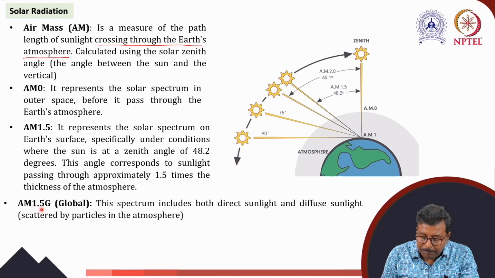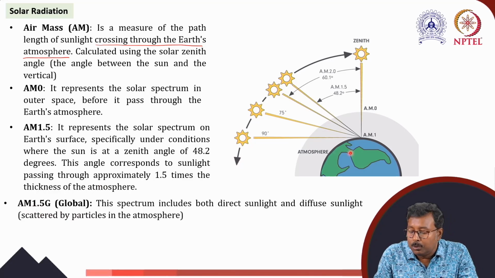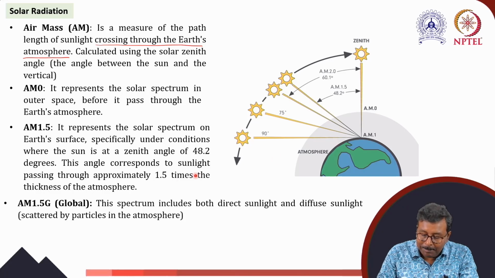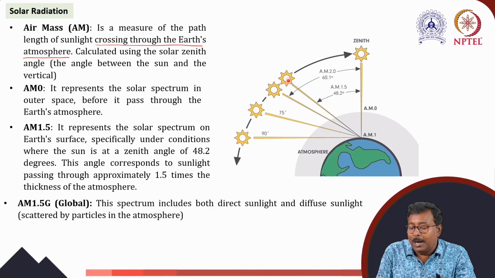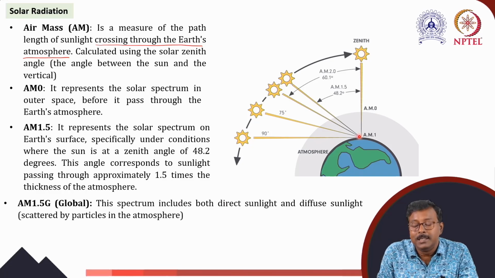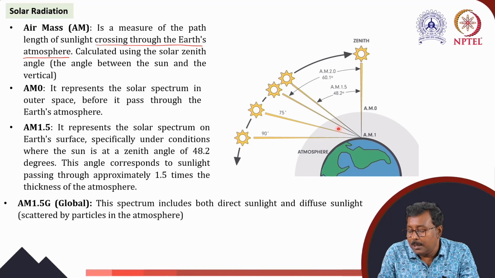Out of AM1.5, again there are two types. One is global, meaning this spectrum includes both direct sunlight and diffuse sunlight. When sunlight travels from the sun to the Earth's surface along the direct path, there is a loss. But some radiation intensity is also added due to diffuse light, which follows other paths because of scattering by particles in the atmosphere.